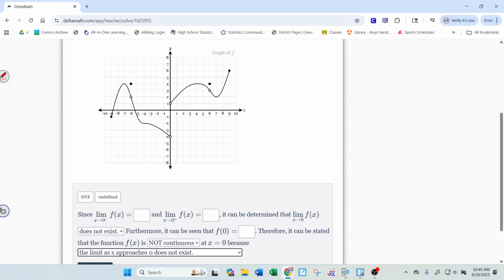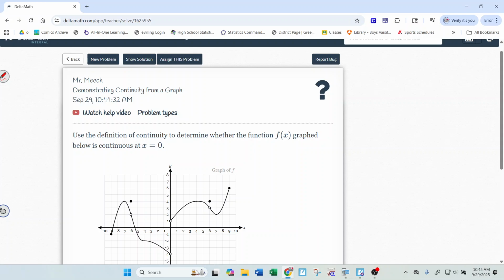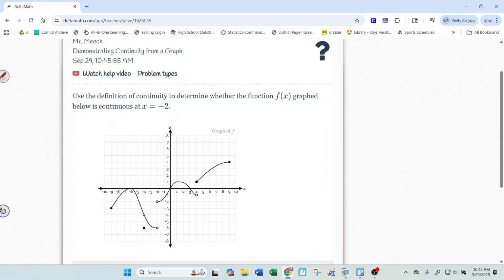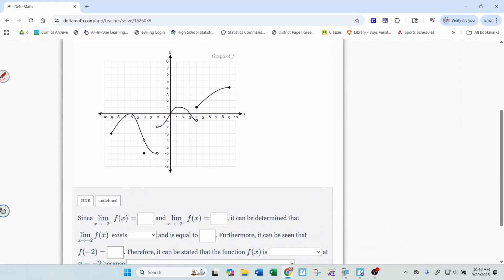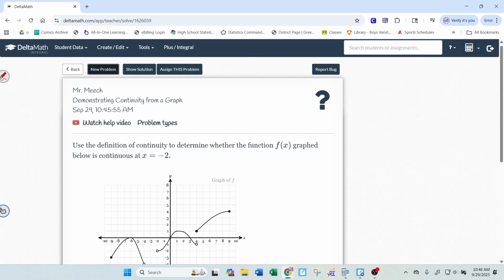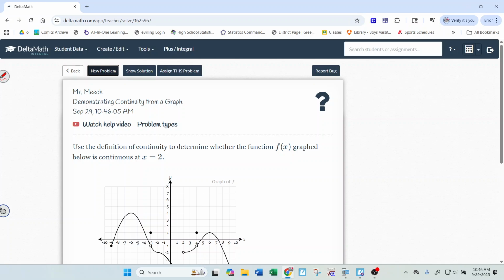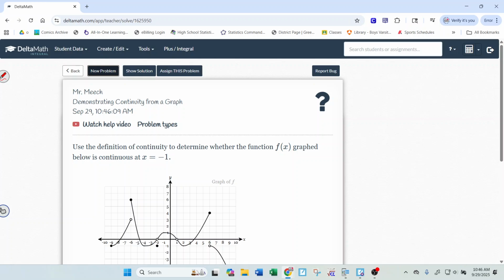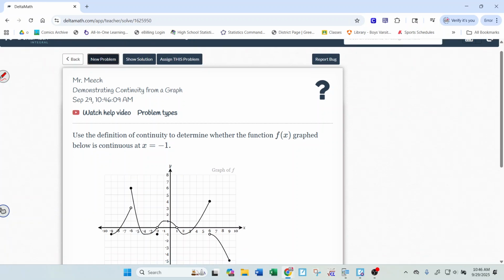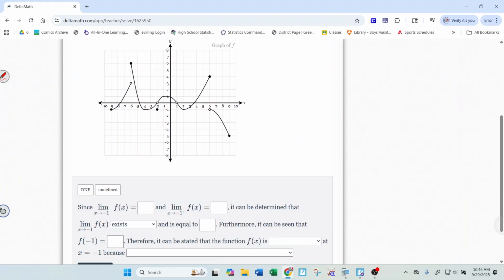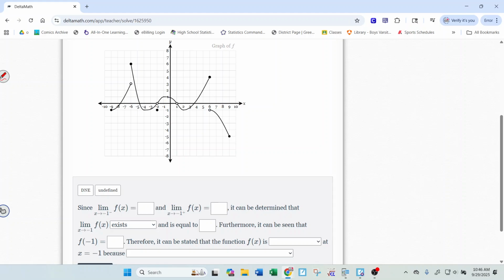Let's look at another one. At -2, that's going to be very similar. Let's see if we can find another one that's a little different. Okay. Here, at -1. What's the limit at -1 from the right? 1.